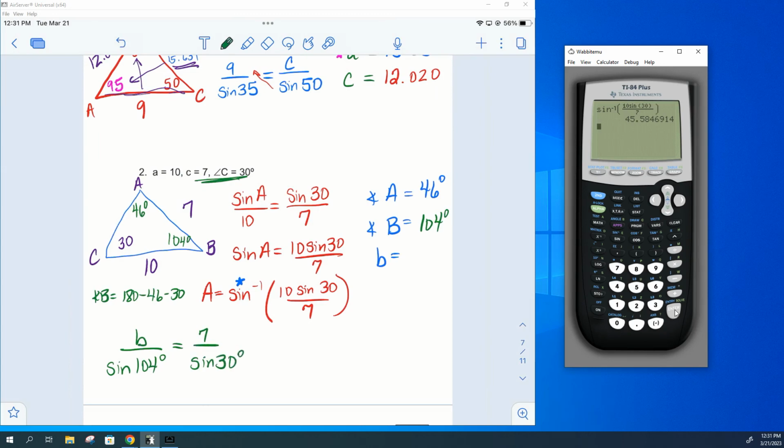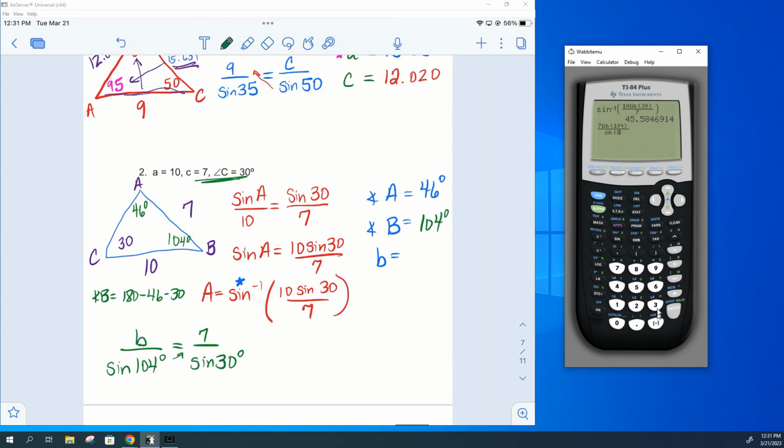I hope that you can solve that in your head. Again, I'm going to pop that sine of 104 over. I'm not going to write that on my paper. I'm just going to go to my calculator and type it in. If you need to write it down, that's fine. 7 sine of 104 over sine of 30.